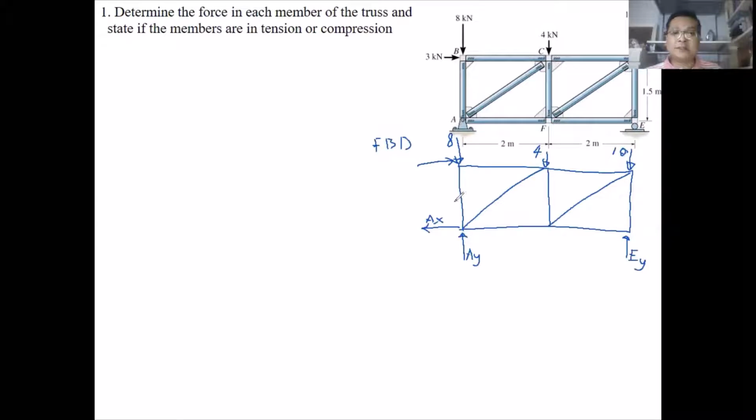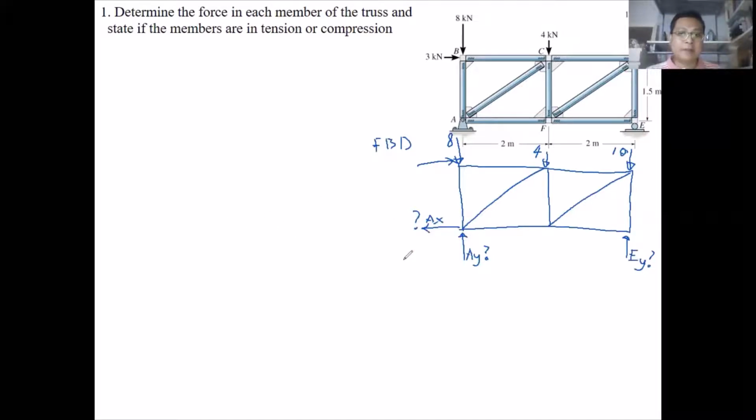After that, we try to find the reaction that occurs from the action. We still don't know AX, AY, and EY.